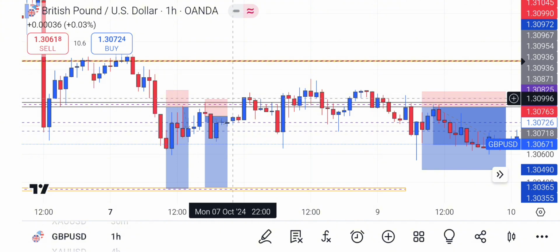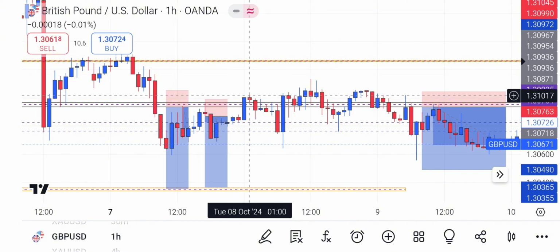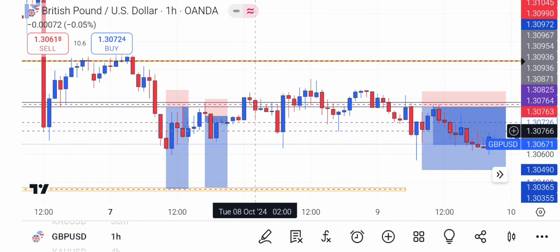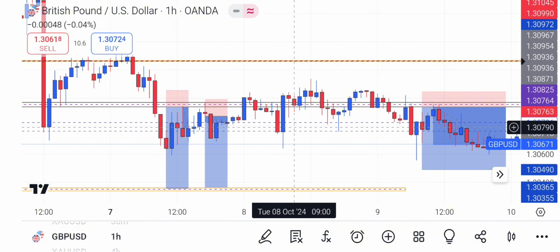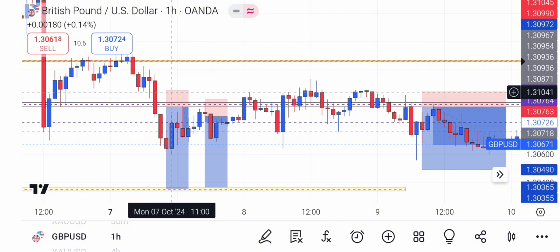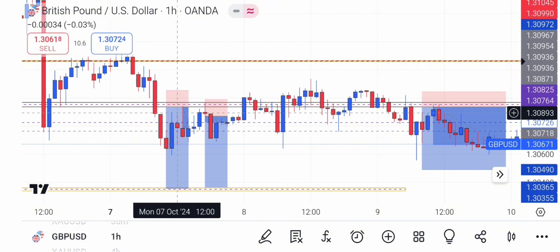I kept watching the trade as it wasn't moving that much, and I decided to keep everything since I had set my SL and TP.